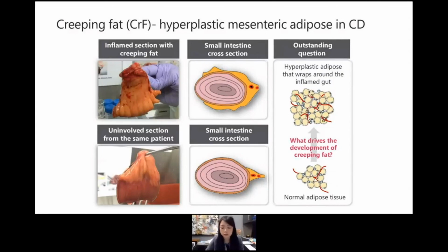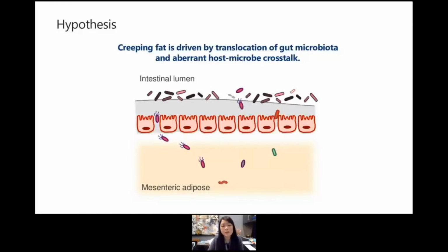Now, being in the microbiome lab, and given that this fat tissue is so close to the gut, our hypothesis is that perhaps this creeping fat is really driven by microbes, specifically microbes that originate from the gut. And during inflammation, they migrate to the adipose tissue.